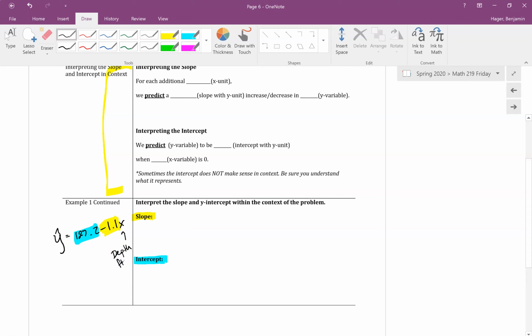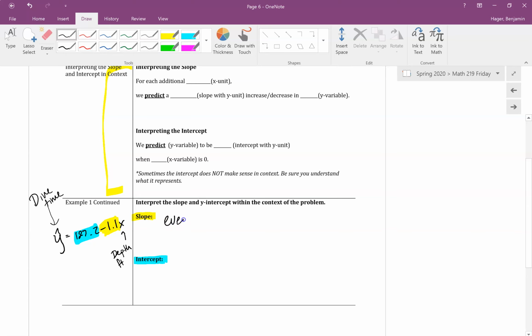What it's hinting at is that every time you go 1 foot deeper, so as this number gets bigger by 1, you lose 1.1 off of this number. And the whole thing is your dive time. So every time you go 1 foot deeper, you lose 1.1 minutes of dive time, according to this.